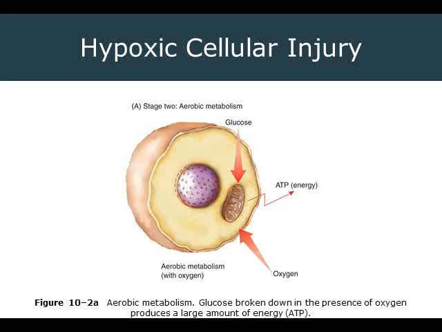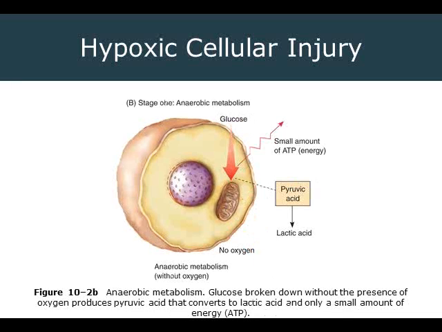So when we talk about aerobic metabolism, the body works so much more efficiently and so much more smoothly with the presence of both oxygen and sugar. Without oxygen getting to the system, the glucose may still get in there, but it creates a very small amount of ATP, and there's a lot of waste product.